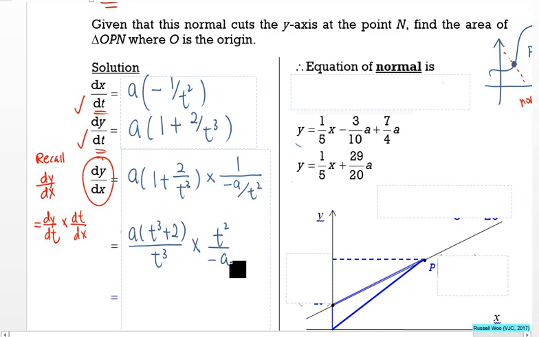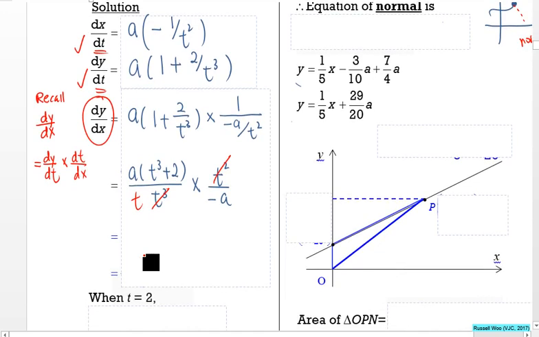Then you realize that t squared becomes t. Then your final answer is, and then your a also cancels, sorry.